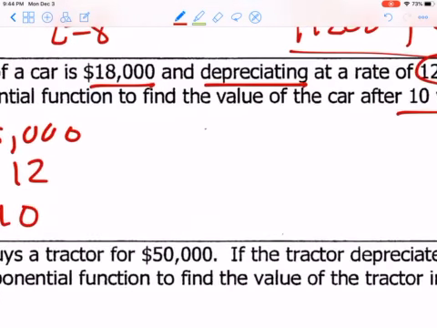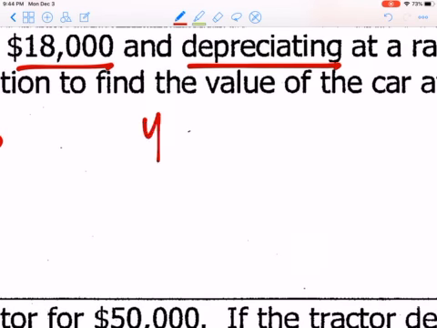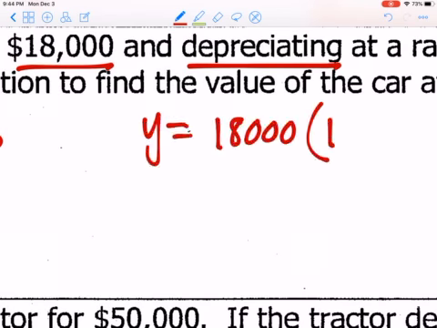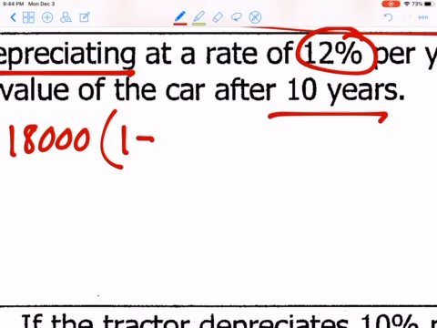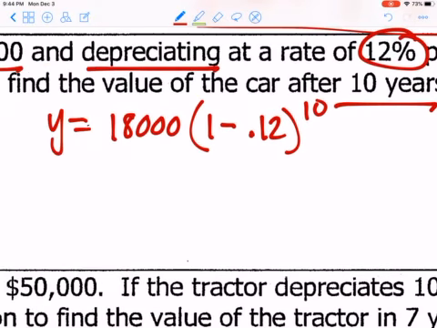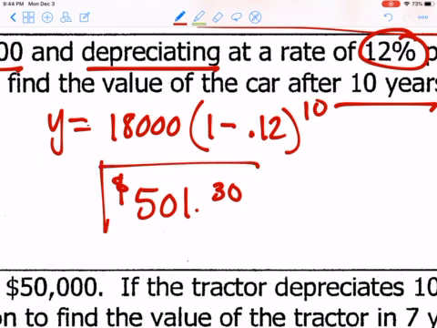So you always hear that cars depreciate. This is how we find the depreciation value. 1 minus 0.12 raised to the 10. When we put that in the calculator, after 10 years, this car will be worth $501.30. So we're not finding how much it's depreciating, that's how much it's actually going to be worth.